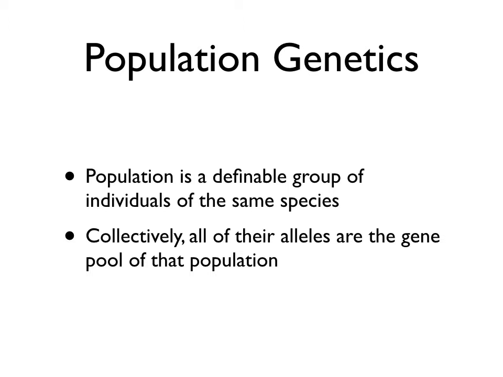That means there are 660 million copies of the gene in the United States. Of that, some proportion are the allele for brown eyes, some proportion are the allele for green eyes, blue eyes, and so on and so forth. That is the gene pool of our population, this pool of 660 million copies of the gene that determines eye color, okay?